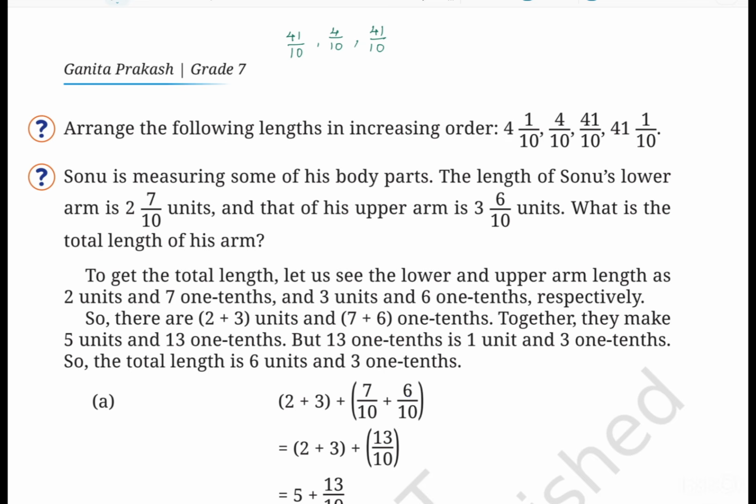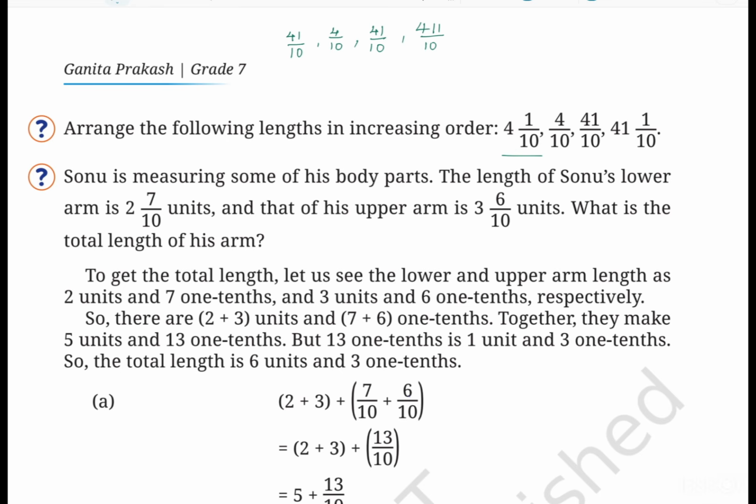And 41 1 by 10 is 41 times 10, 410 plus 1, so 411 by 10 is the correct answer. So we got the numbers.